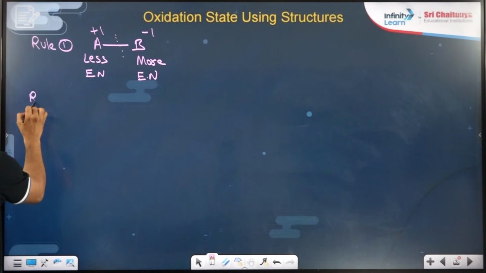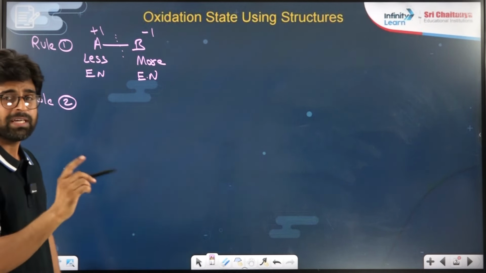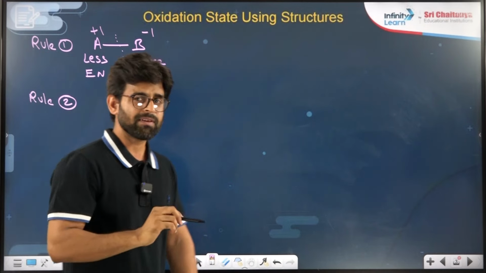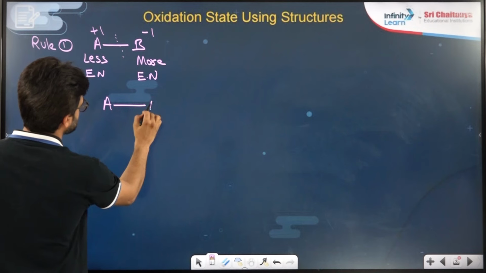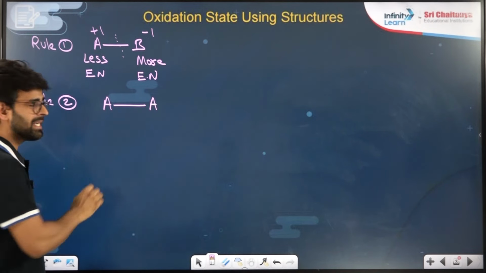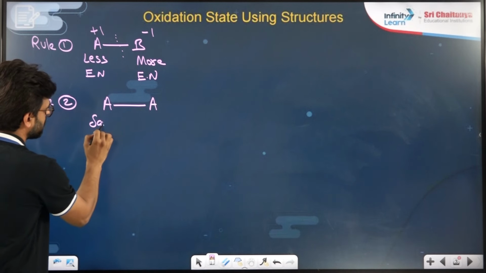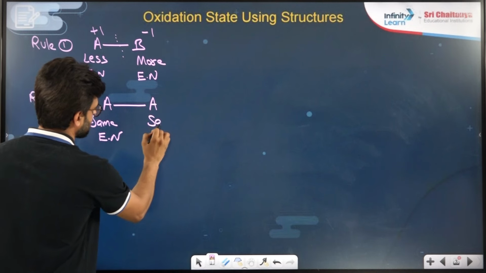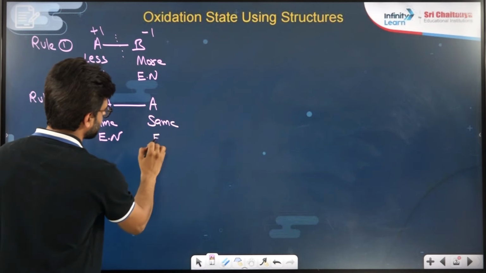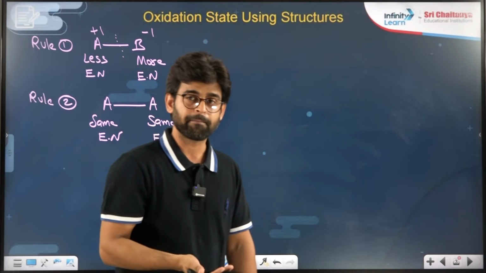Rule number 2. Here we have same atoms. Imagine the bond is between A and A. Definitely both have the same electronegativity. Sometimes even the same atom can have different hybridization and different electronegativity.